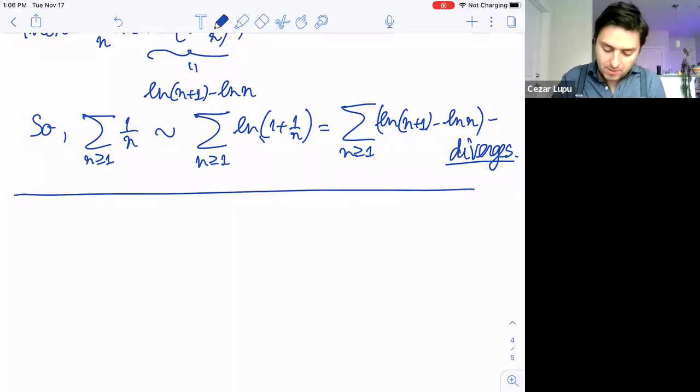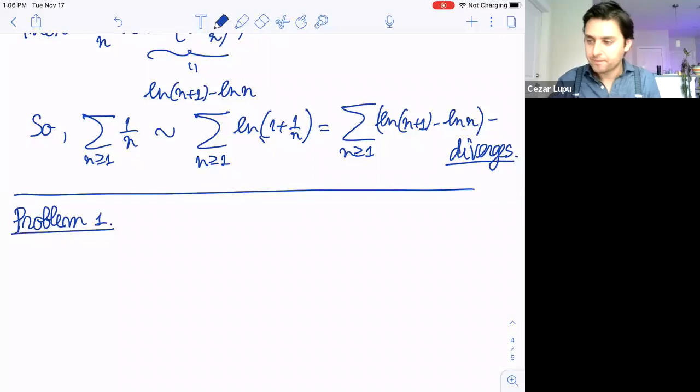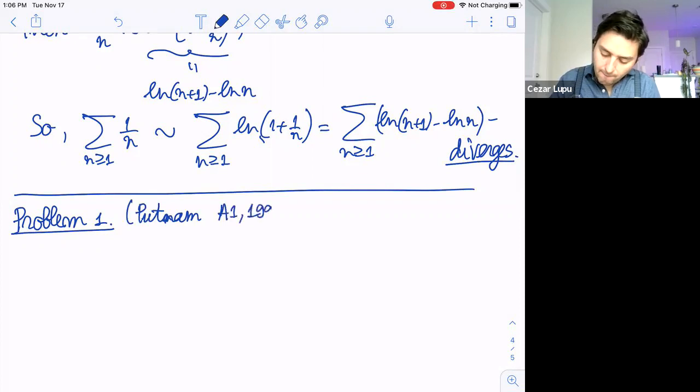And the first problem that I have in mind, problem 1, is the following. All right, let me go with the Putnam. There's a nice problem. It was a Putnam, I think A1 1994, which says the following.